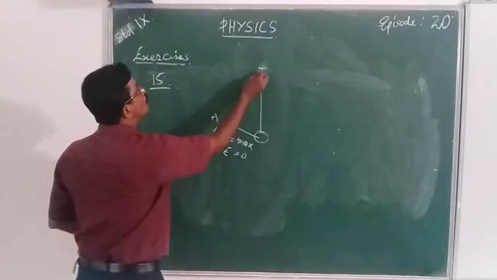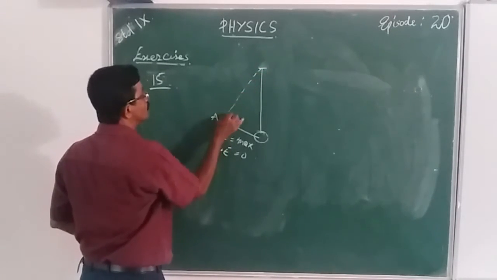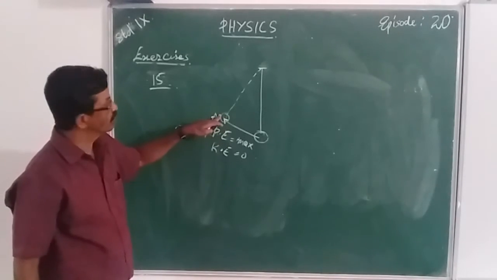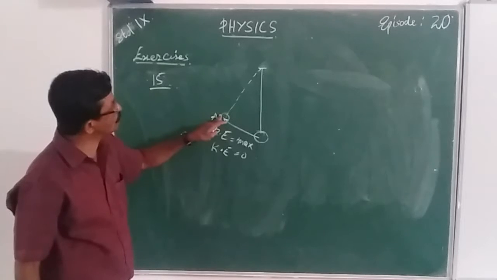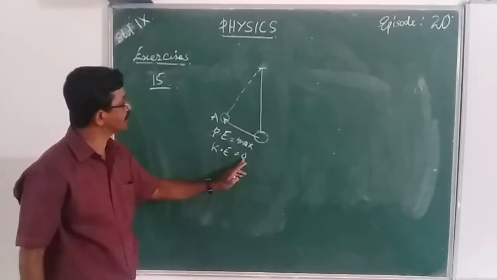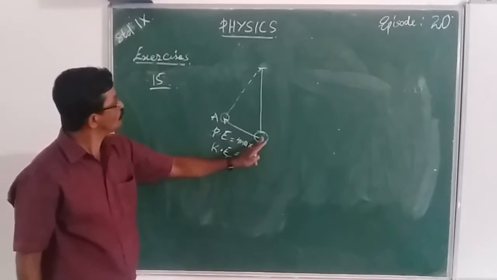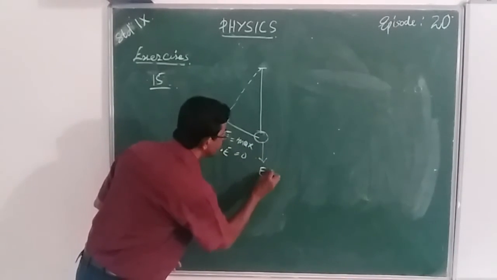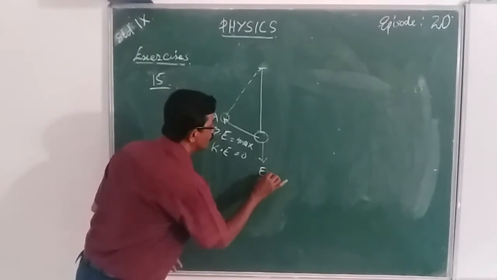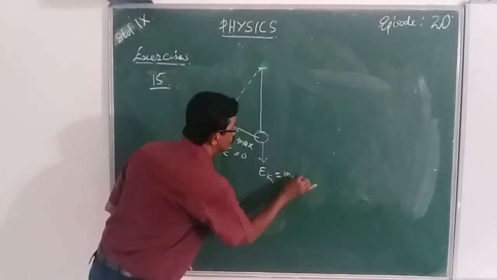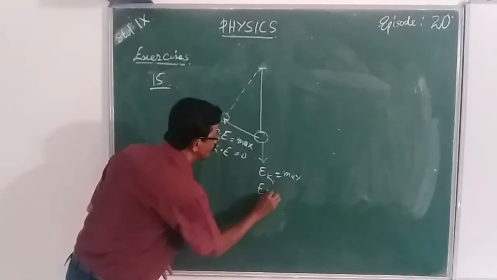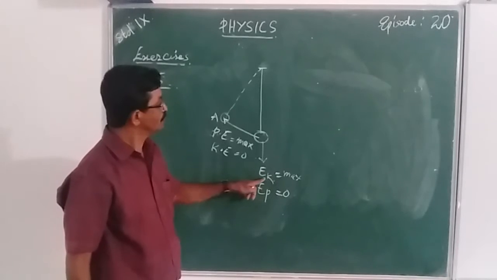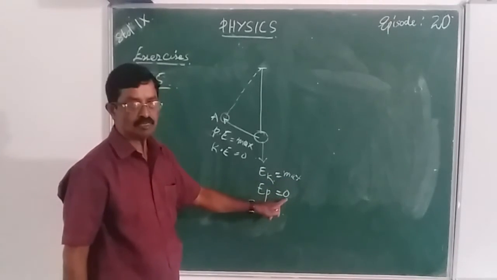When we release this bob, its potential energy gradually decreases and the kinetic energy increases. When the bob comes to the mean position, kinetic energy becomes maximum and potential energy becomes 0.